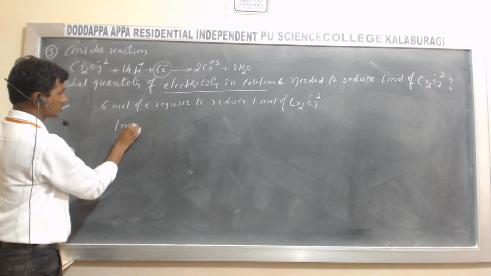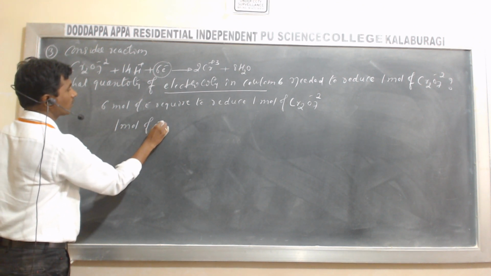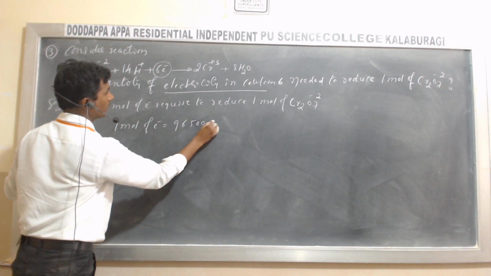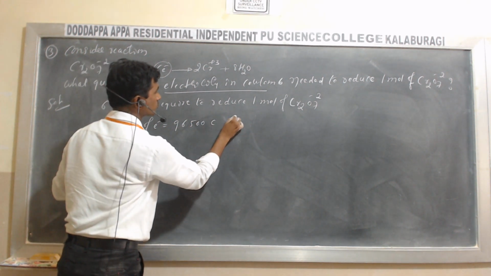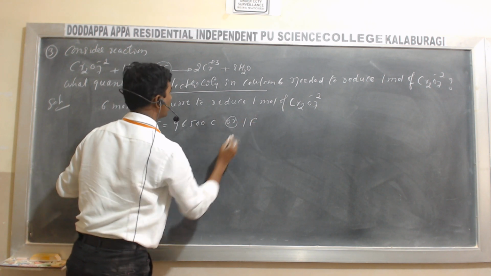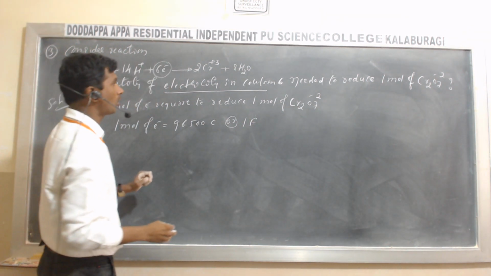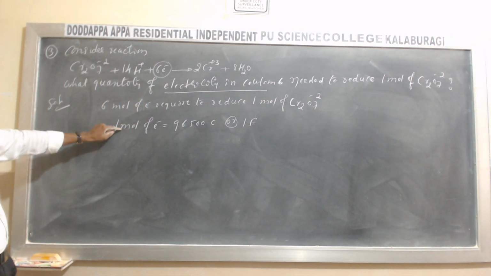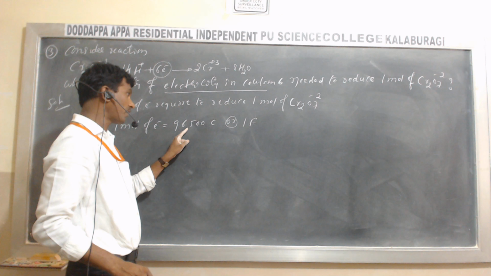We know that 1 mole of electrons requires 96,500 coulomb, which is also called 1 Faraday. But the answer you have to put in coulomb, so better to take 96,500 coulomb. So 1 mole of electrons is equal to 96,500 coulomb.